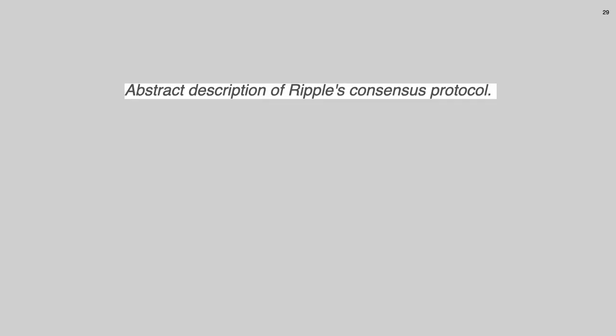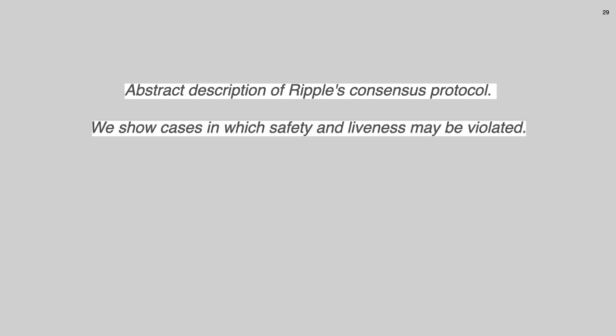So in order to better analyze the protocol, this work has presented an independent abstract description of the Ripple consensus method, which is derived directly from the implementation. Furthermore, this work has identified relatively simple cases in which the protocol may violate safety and liveness, and which have devastating effects on the health of the network.